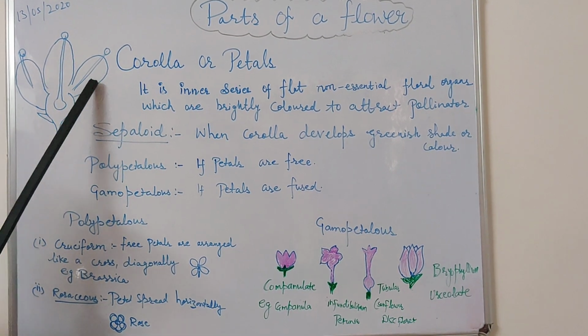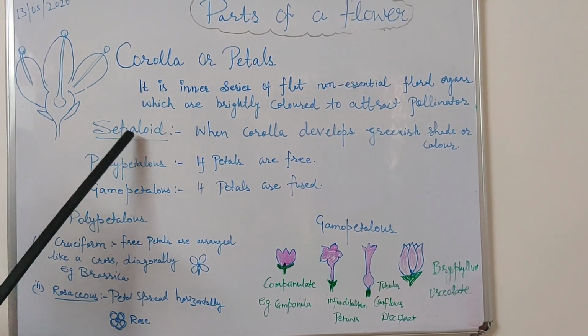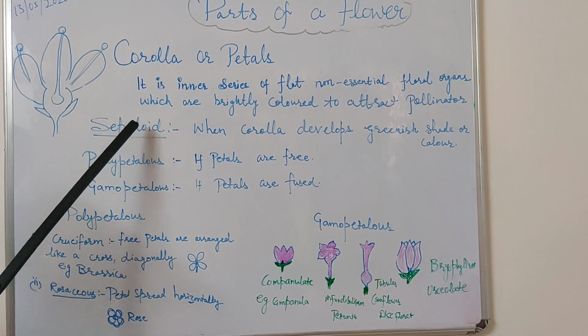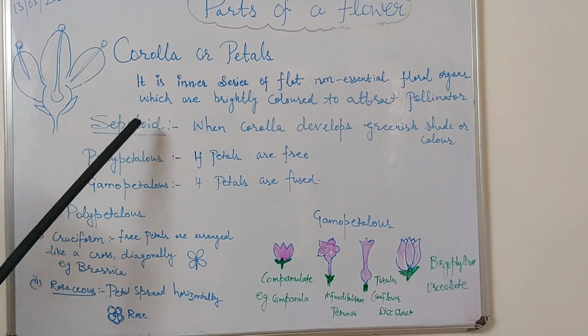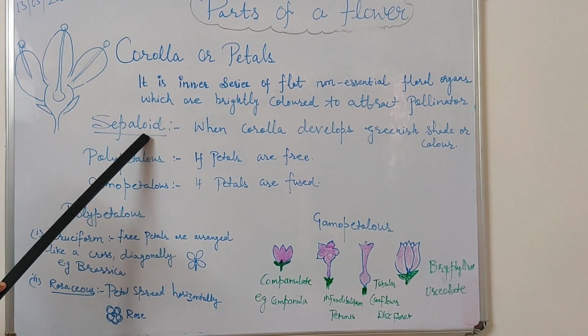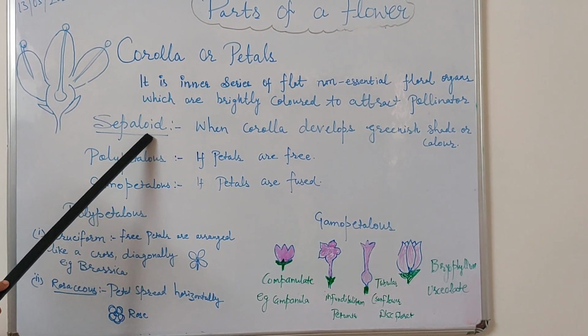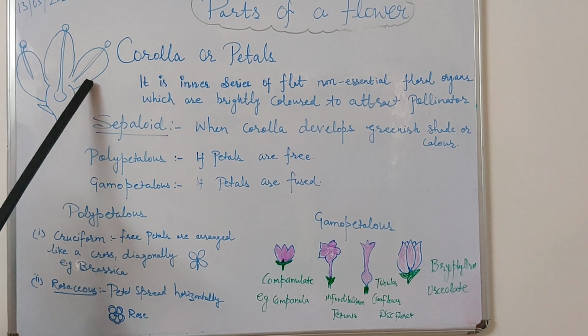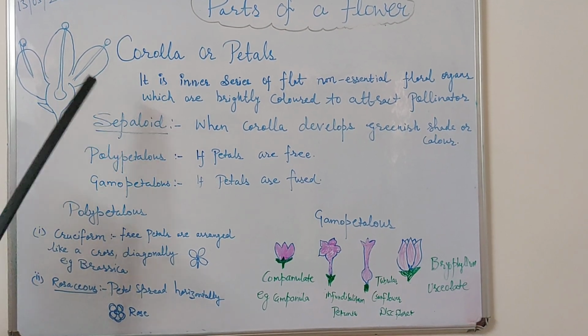And petals are called sepaloid when petals or corolla develop a greenish shade or color. Otherwise they are brightly colored rather than green.